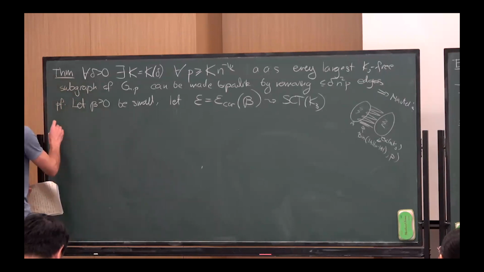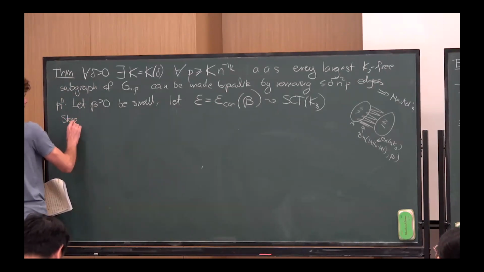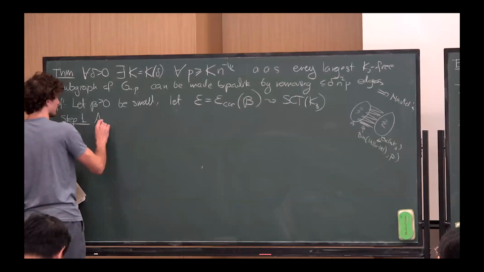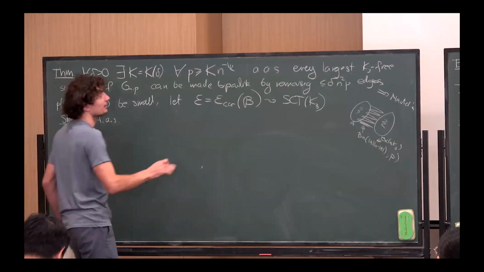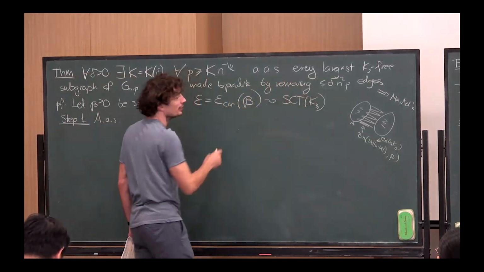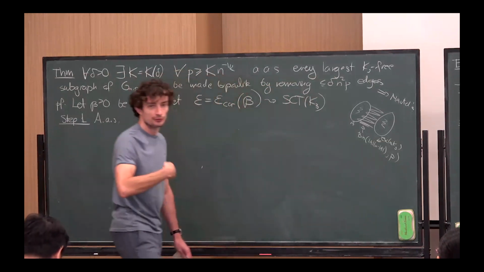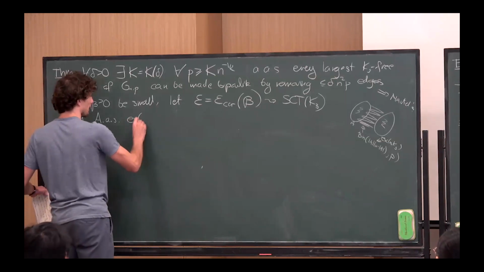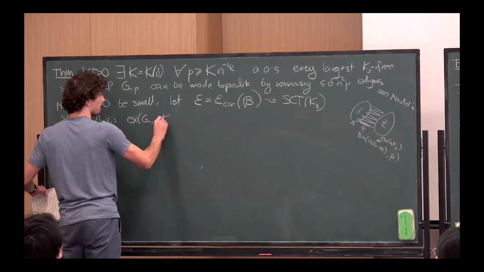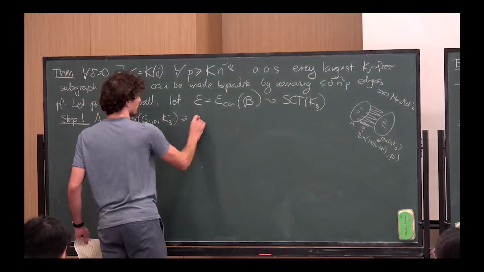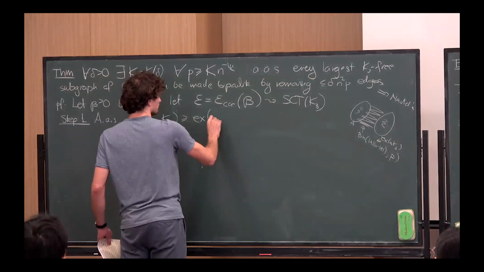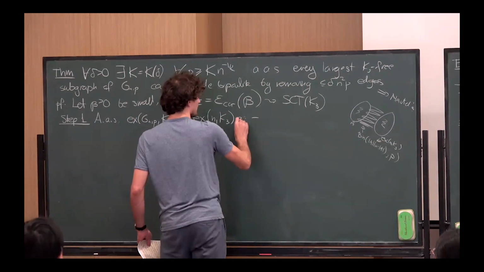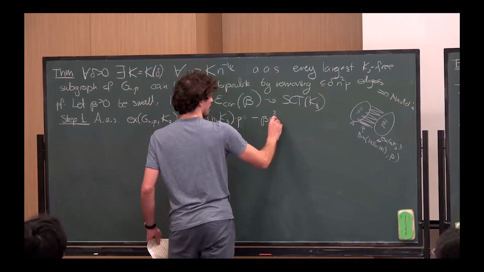Now, in step 1, I will just make sure that the largest triangle-free subgraph has its number of edges close to what we expect. I want a lower bound on this: the extremal number times p minus beta n squared p.